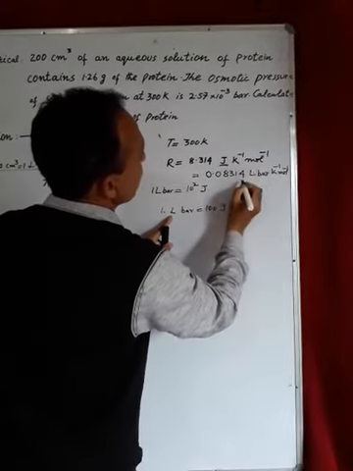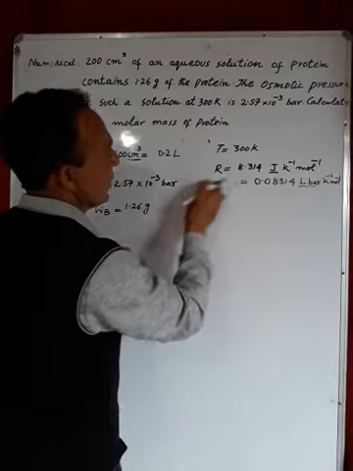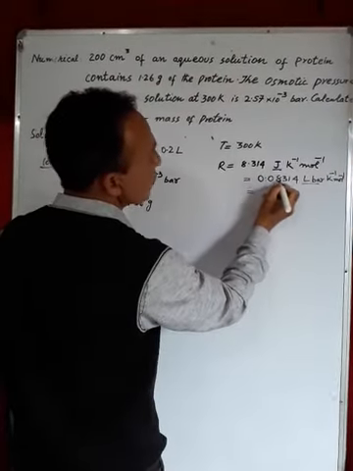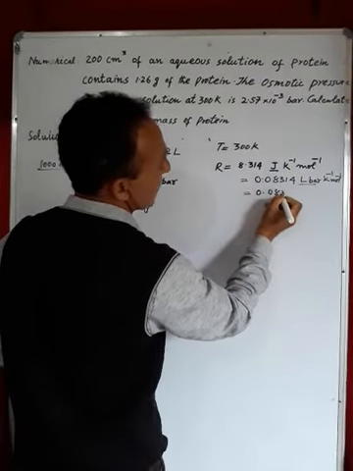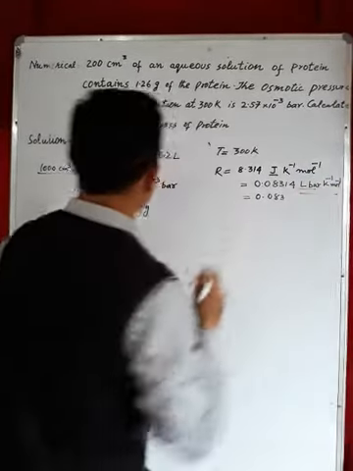Instead of joule, we write liter bar. Here we will take only three places of the decimal, that is 0.083, and the unit liter bar per Kelvin per mole.